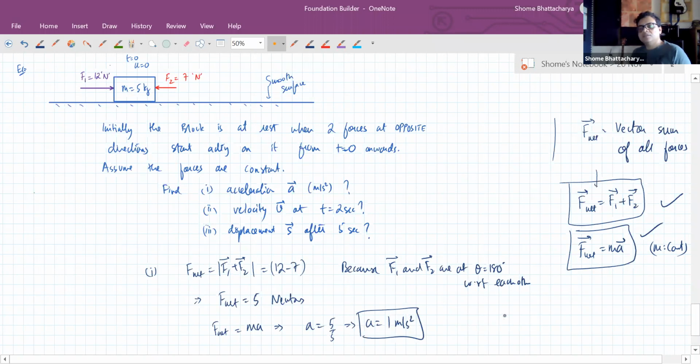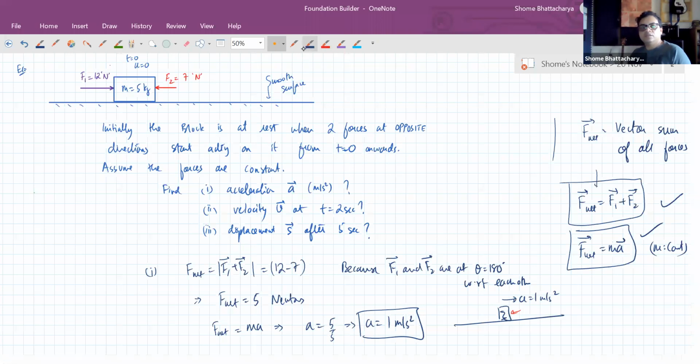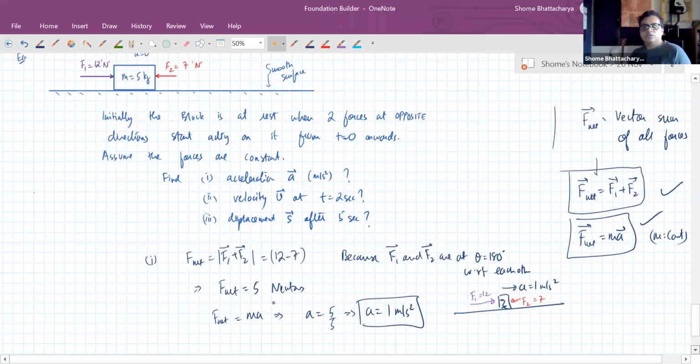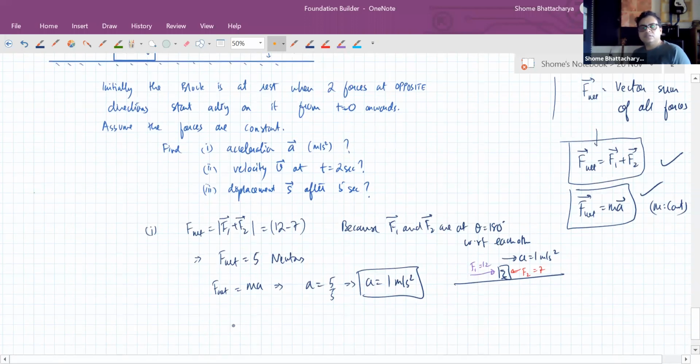So as this block is moving like this, we have an acceleration of 1 meter per second square because that will be the direction of the net force. F1 will dominate, the magnitude of F1 is greater compared to F2. So the direction of the motion will be along F1, but the net force will have a magnitude of F1 minus F2. So once you got the acceleration, rest of the things are very easy.